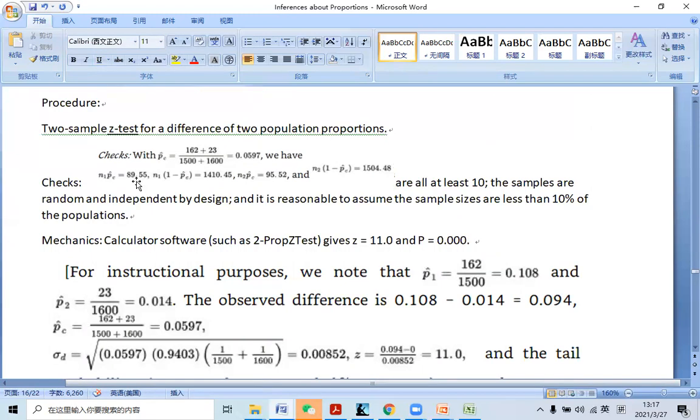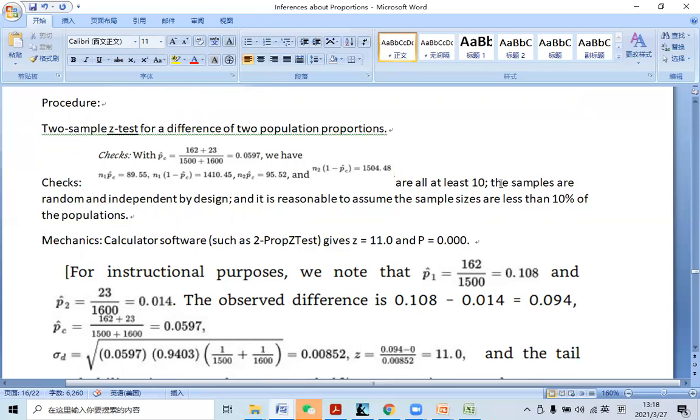You have to times 1,500 times the percentage. That's 89.55. And then the complement, N1 times 1 minus P1, that is larger than 10. And then you check N2 times the proportion for 2, that's larger than 10. N2 times 1 minus P2 is larger than 10.